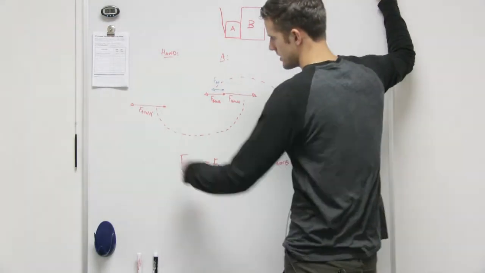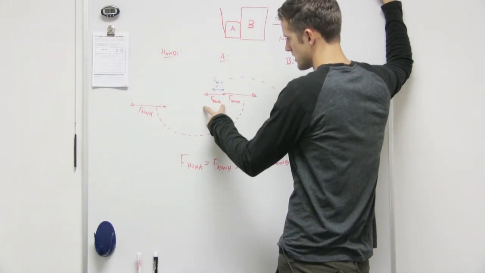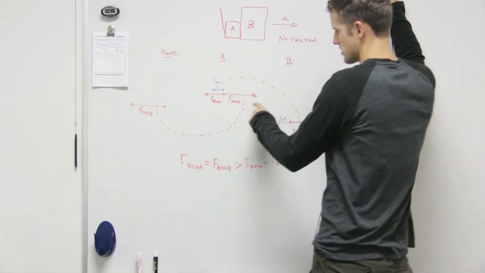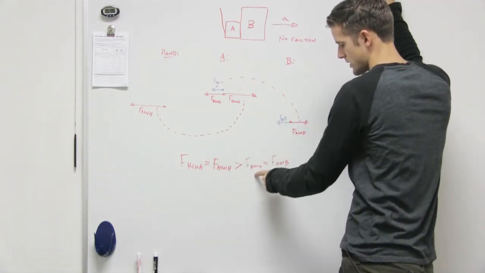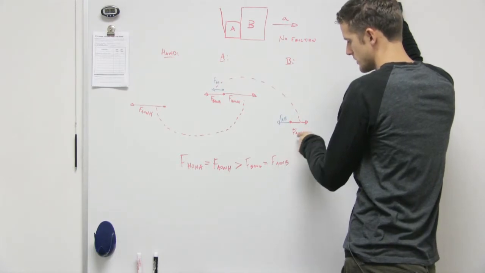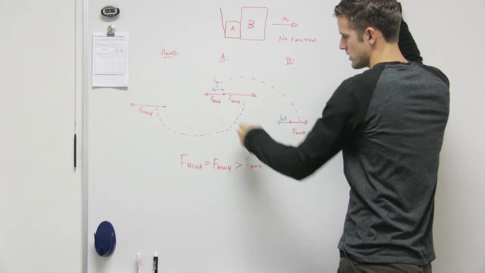So we'll know that F A on H still has to be bigger than both of these together. So A on H is still equal to H on A, which would be greater than B on A, which should be equal to A on B. So this one's gonna be bigger than these two.